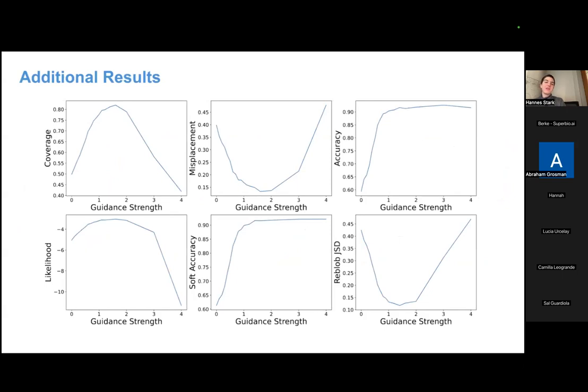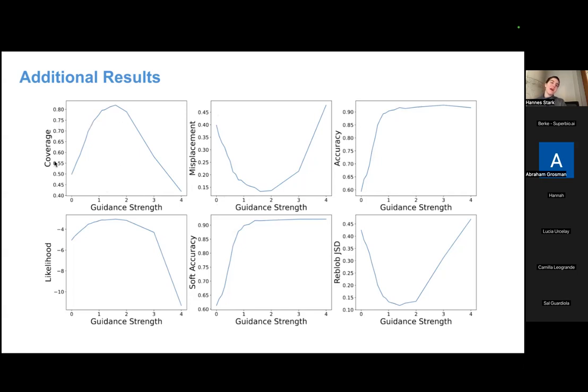And we can also see this quantitatively if we look at some metrics of how well our generated proteins adhere to the conditioning. These plots here show on the x-axis always the guidance strength, and on the y-axis, one type of metric of how well our proteins adhere to the conditioning, or to the ellipsoids.